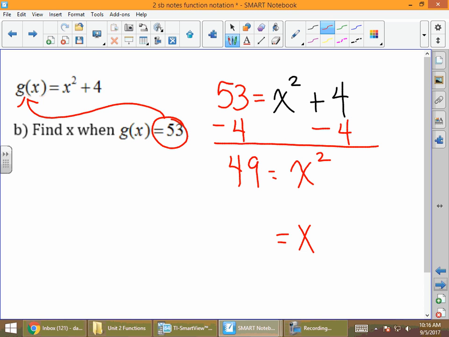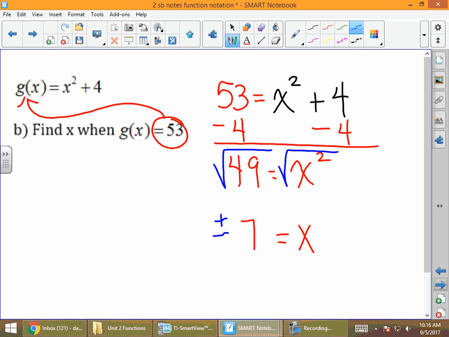So a few told me, here, square root this side, square root that side. The other thing is, is 7 the only value that when we square it gives us 49? If you think about it, positive 7 times positive 7 is positive 49.